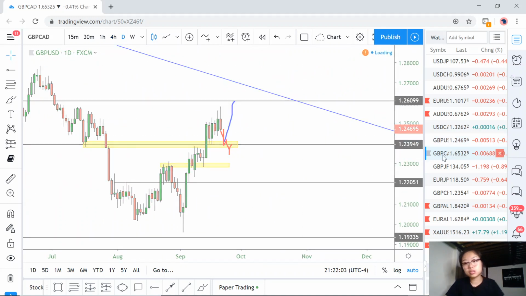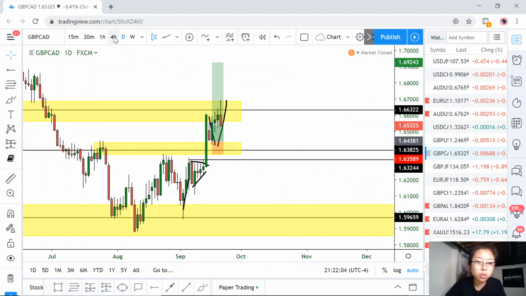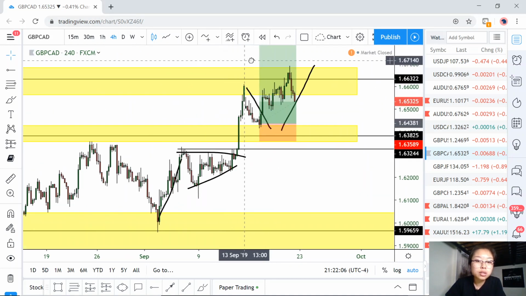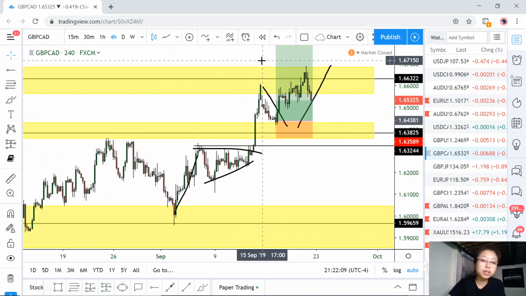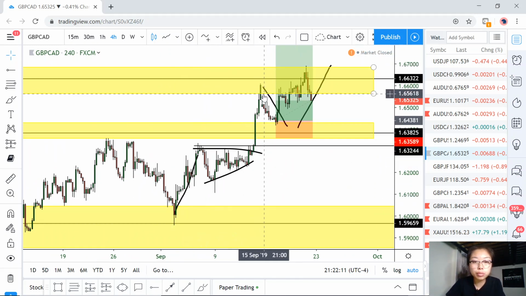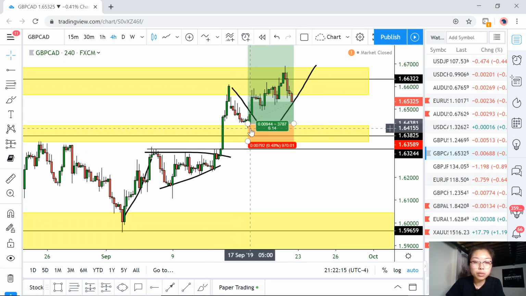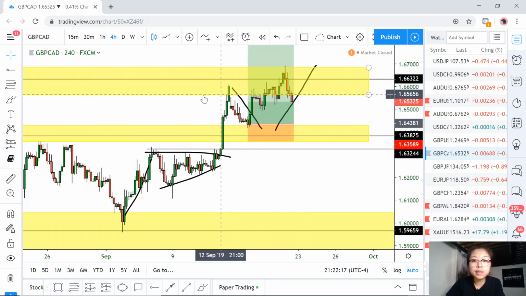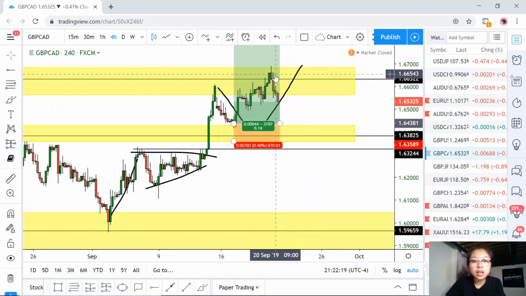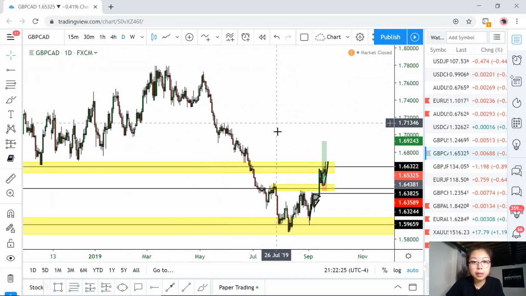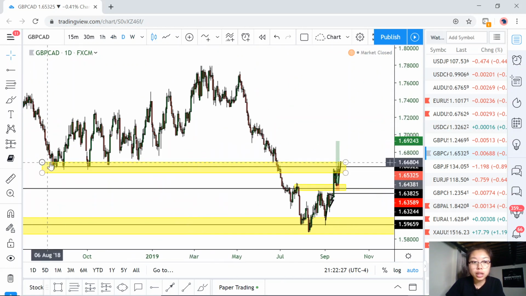Right, GCAD. In the second week analysis, we had a flag and a breakout, and we said it would come back for a retest before it goes for the next level, and that's exactly what happened. Then I called out that price would start to pull back because this right here is a crazy level of previous support.